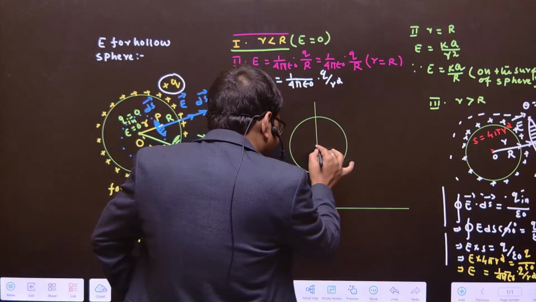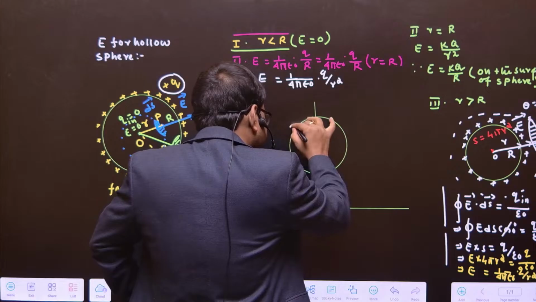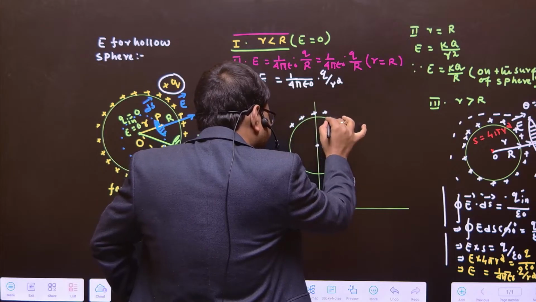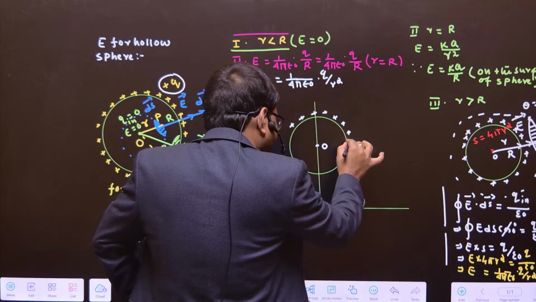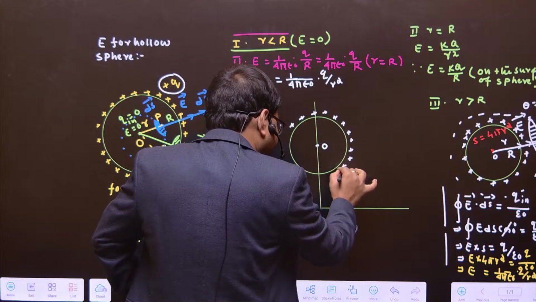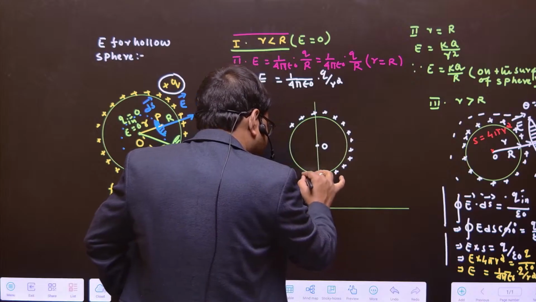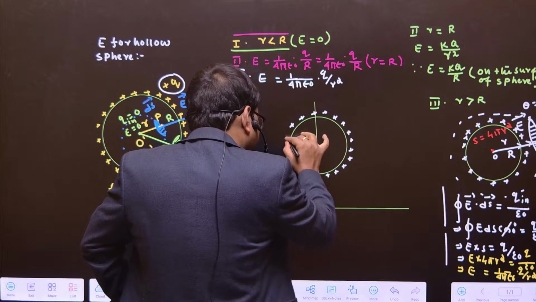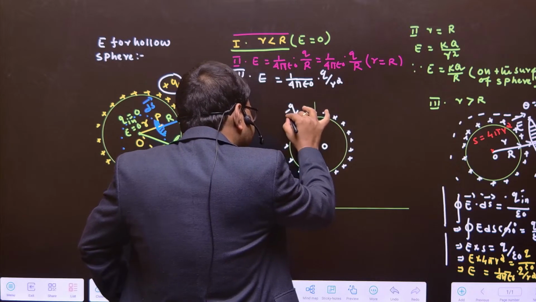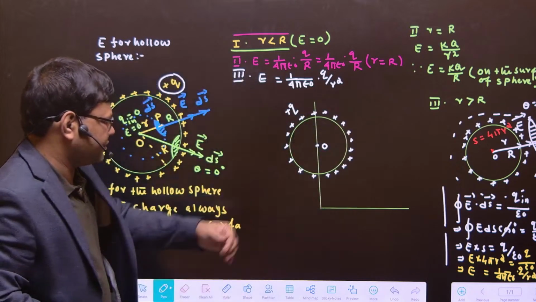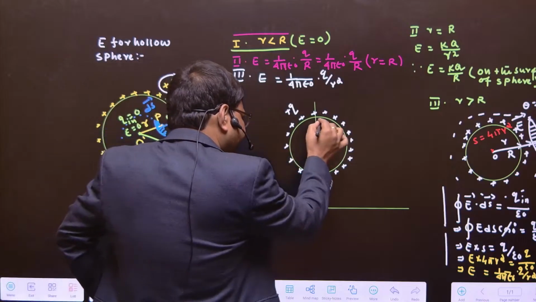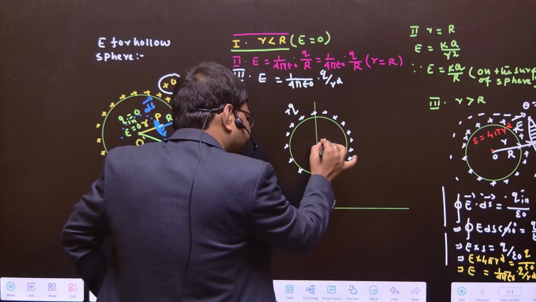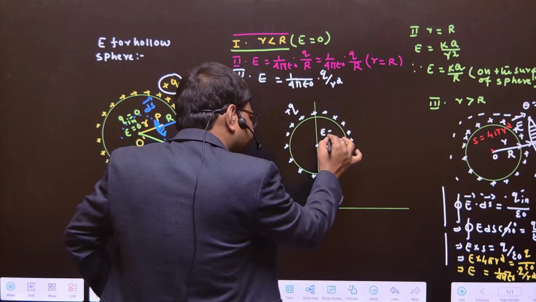It is the center of the sphere and it is the hollow charged sphere. Okay, hollow charged sphere, and the amount of charge we had assumed is plus Q. Charge always resides on the surface. And we have seen that at the center or at any point inside, electric field was 0.